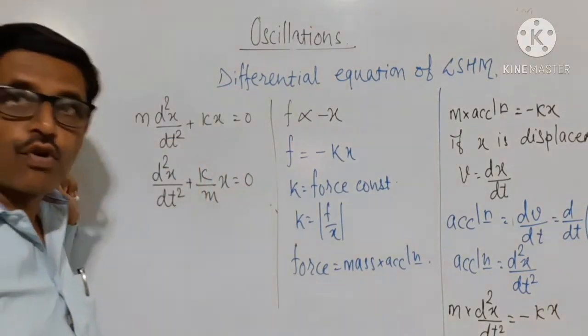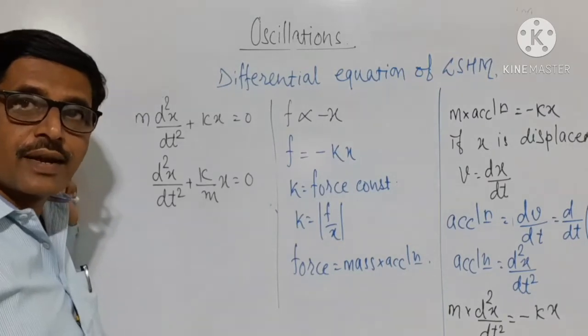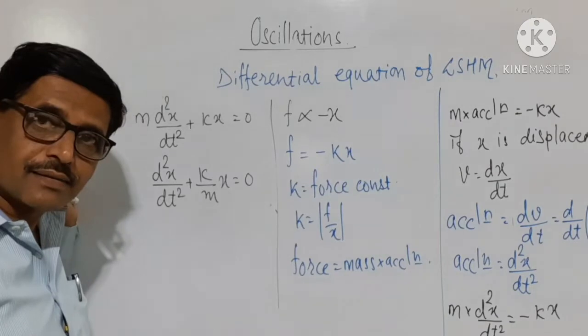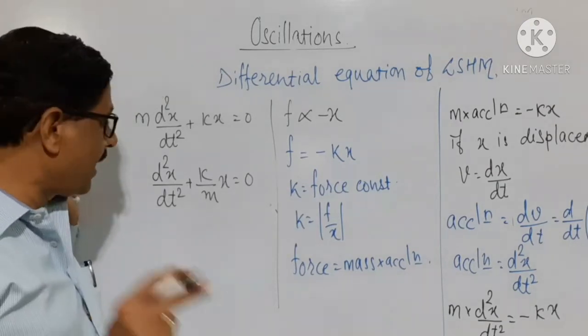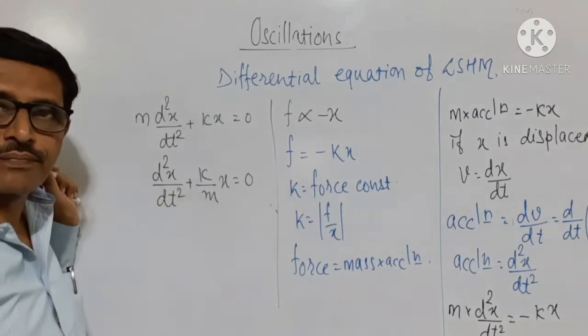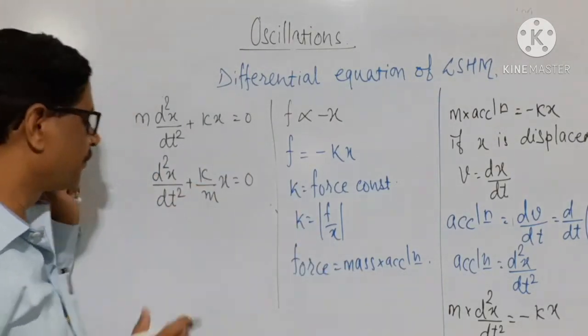Here k is the force constant. What is k? K is the force per unit displacement. If k is force per unit displacement, k by m is acceleration per unit displacement.